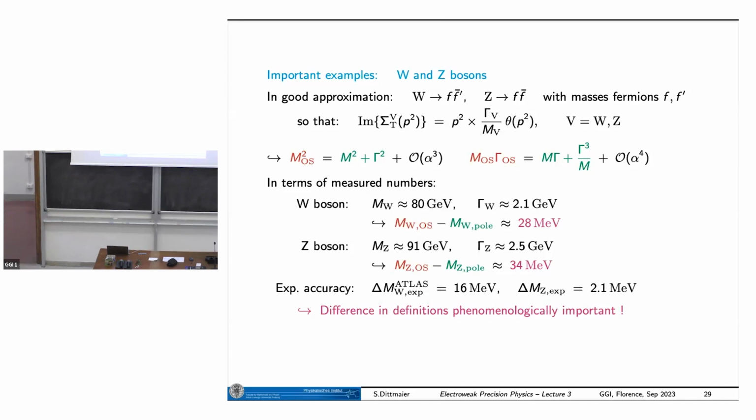And this is not always done. So what traditionally is quoted by experiments is in fact this on-shell value, which is theoretically not as clean as this pole value. But the difference is really phenomenologically important.